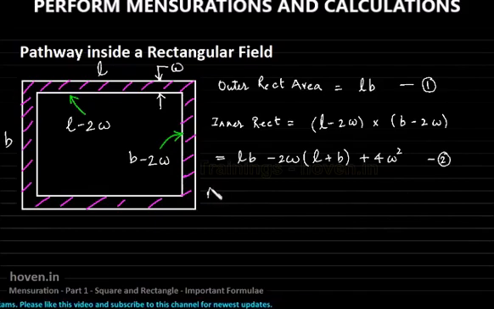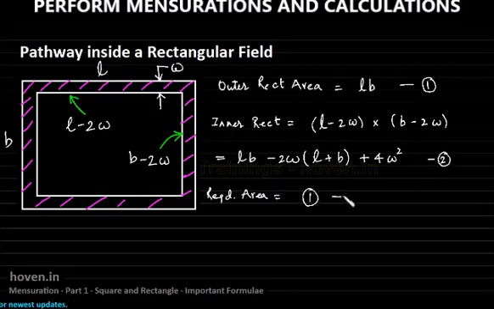Now the required area is, from 1 we will subtract 2, that is 1 minus 2. So when we subtract, this LB will be cancelled by that.